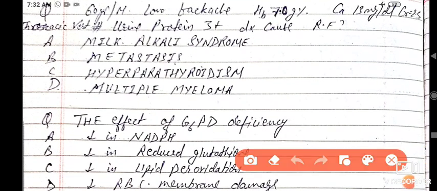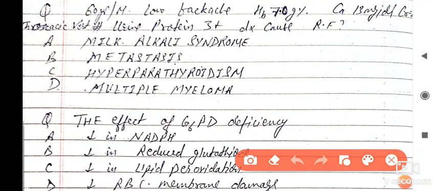Next question. A 60-year-old man with low back ache, hemoglobin 7, so it's anemia, calcium 13, it's hypercalcemia, and creatinine 2.3, thoracic vertebral fracture, urine protein 3 plus. Diagnosis is the cause of this renal failure.